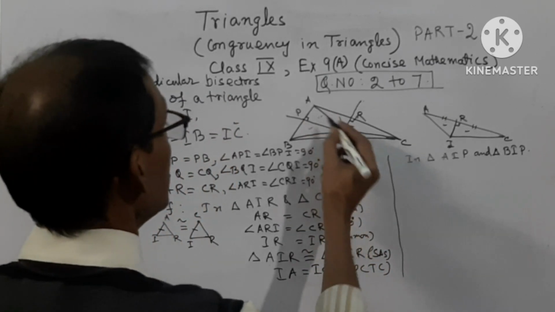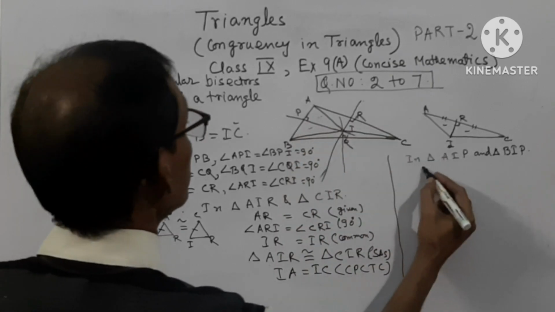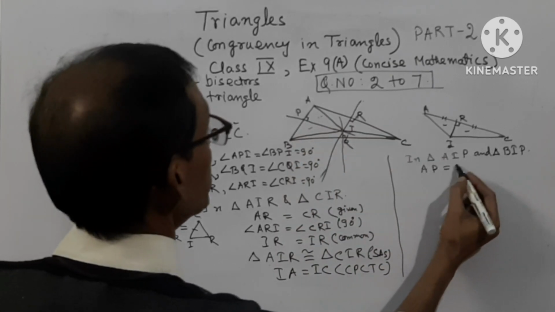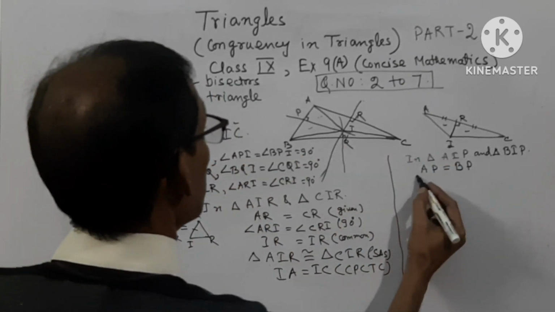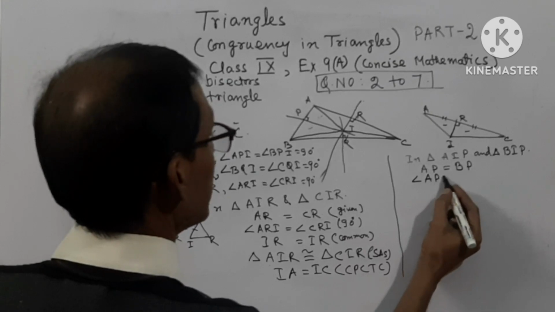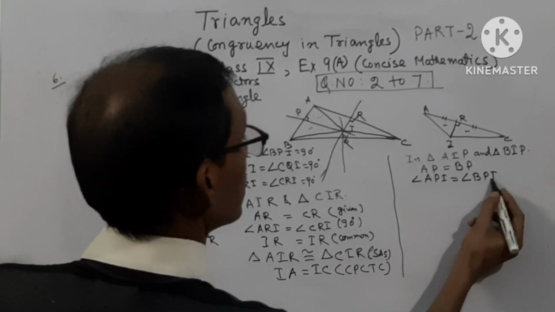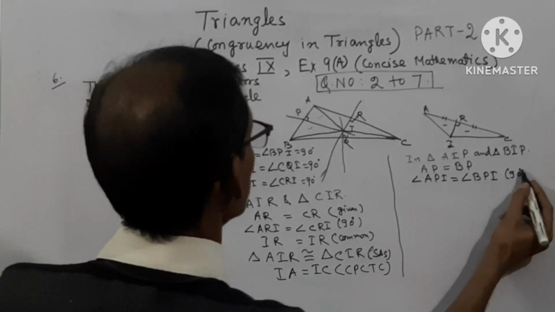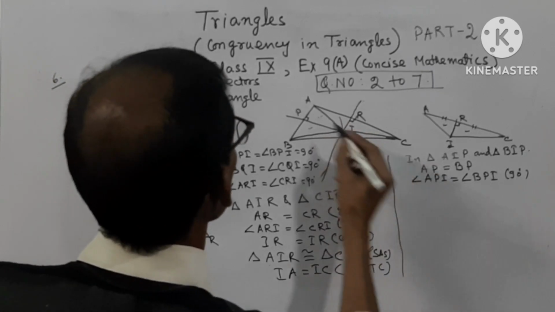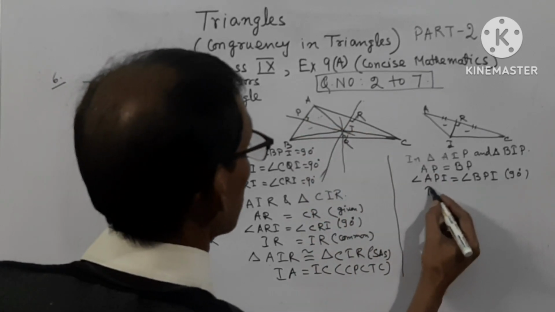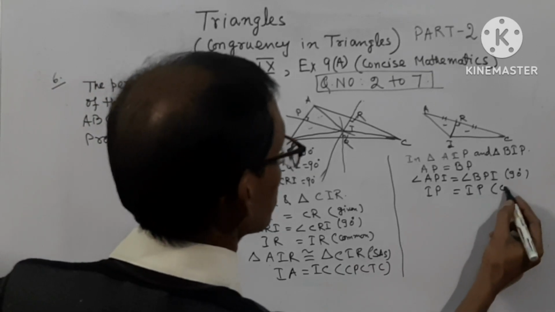This is the way you can say: AP equal to BP, it is given. Angle API equal to angle BPI, both are 90 degrees, and PI or IP equal to IP, both are common.